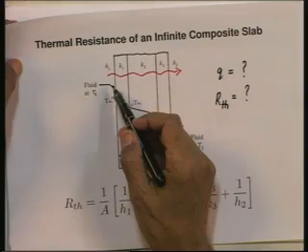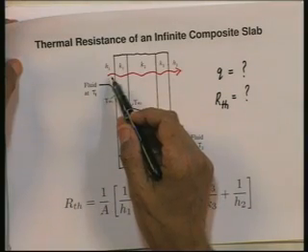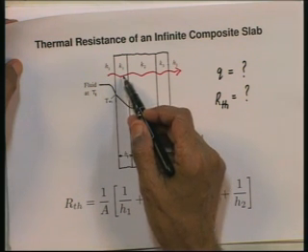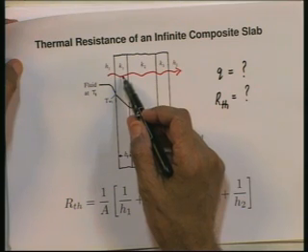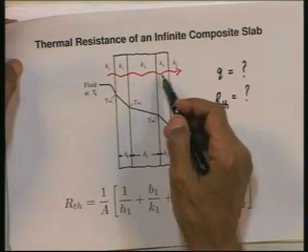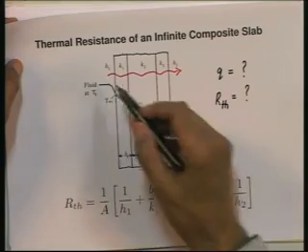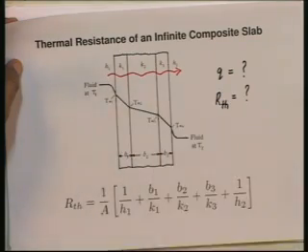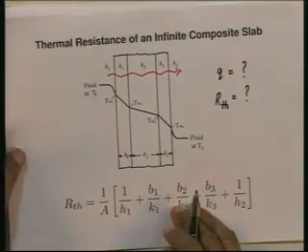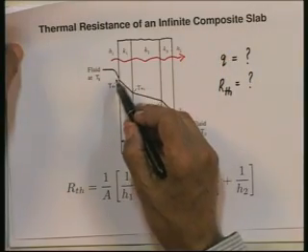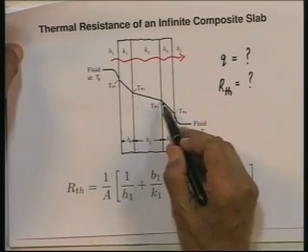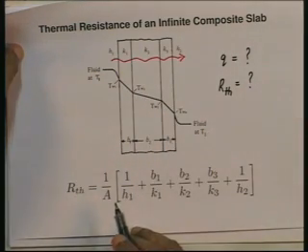Starting from the left, we have the heat transfer coefficient on the left side, then the thermal resistance associated with the first slab with conductivity K1, then the second, then the third, and finally the thermal resistance associated with the heat transfer coefficient H2 on this face. For these, let us say the intermediate temperatures are TW1, TW2, TW3 and TW4.